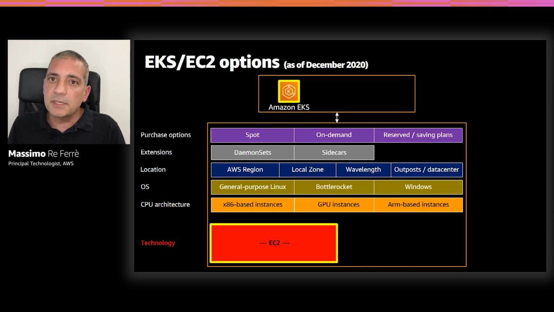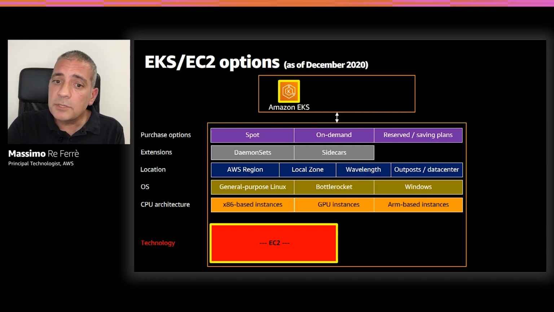So if you end up using EKS and EC2, those are all the options that you have available. As you can see, the only option that you don't have available is the sidecar, because it doesn't make any sense, right? You're using EC2, you're managing that cluster at the end of the day, so there isn't much that you can hide.